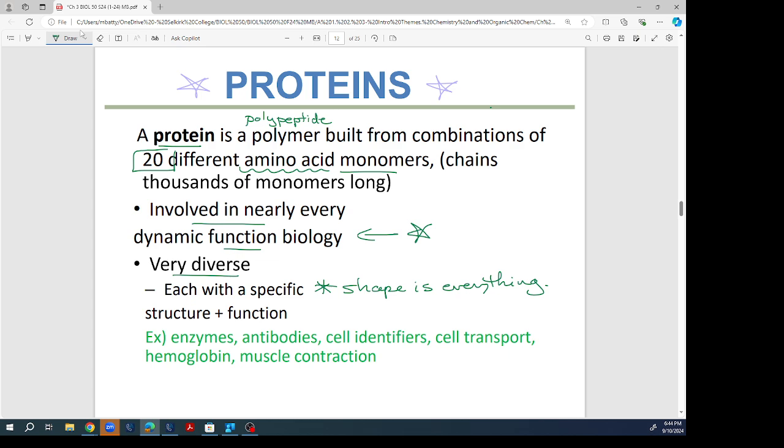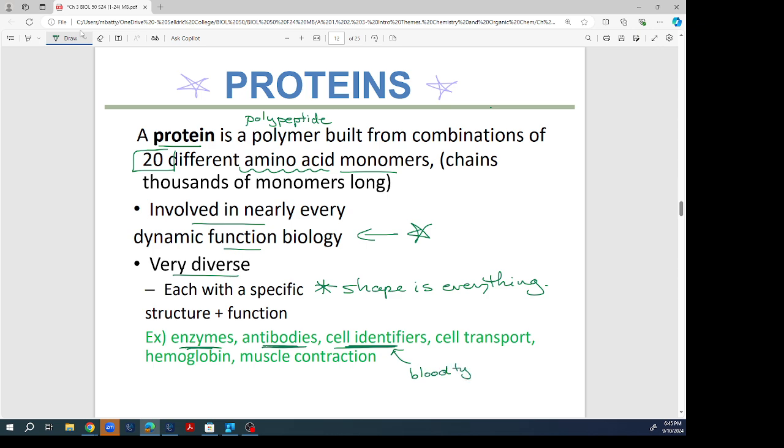I picked some that are relatable, I think. So enzymes, and I'm thinking digestive enzymes, in addition to enzymes that make chemical reactions go in your body. But digestive enzymes are a big one. Antibodies, that your body produces, are just little proteins floating around in your blood that help with your immune system. Cell identifiers, this helps if you know your blood type.